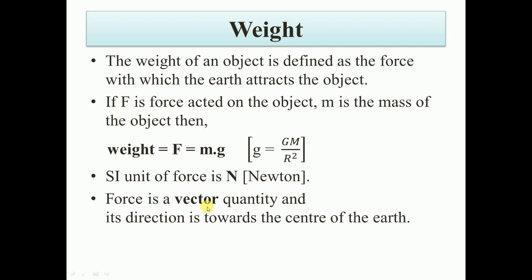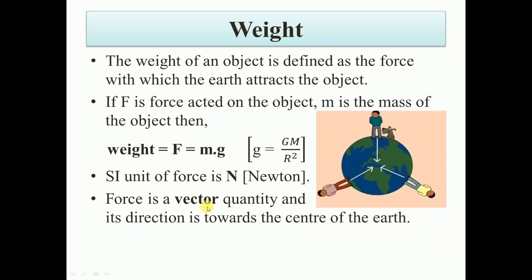And you know that if you are on the surface of the earth, your weight or the force is directed towards the center of the earth. You must have seen this picture in the last video, that we are on the surface of the earth and our force of attraction is directed towards the center of the earth. So this is the direction, towards the center of the earth.